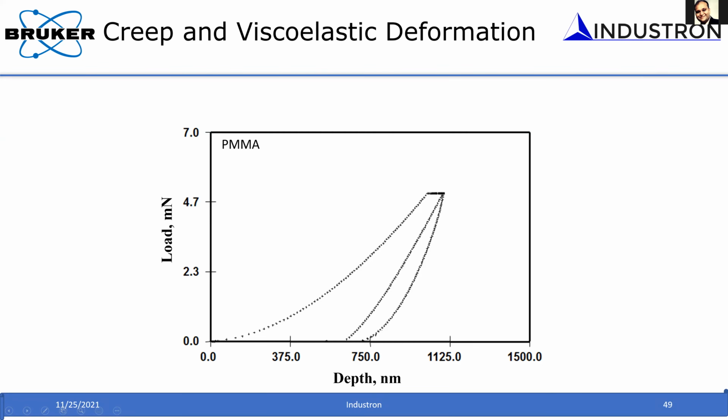Now when you unload and reload, you start to see a hysteresis develop in the load unload curve. Whereas if you do it on an elastic material, when you load, hold, unload and reload, it will retrace this curve.